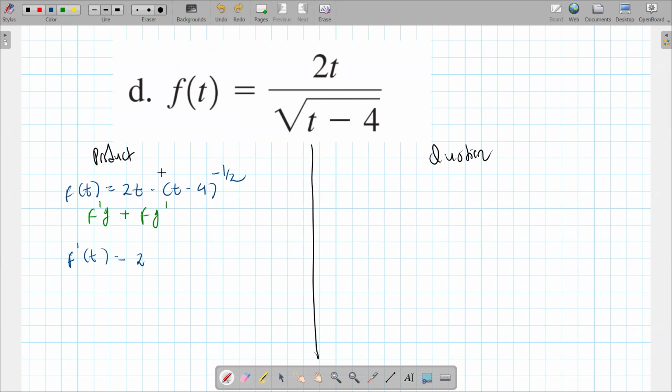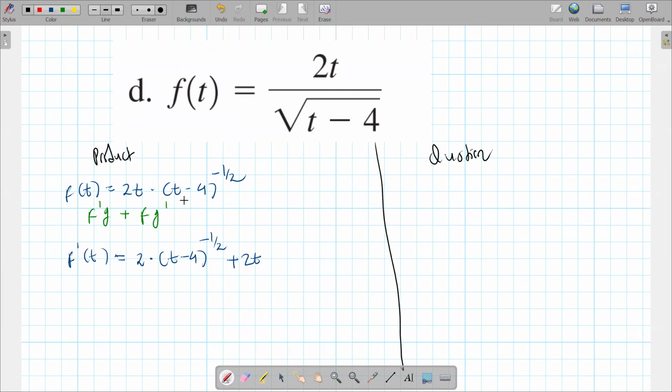So it'll be 2 times the second function as it is, plus the first function as it is. What's the derivative of this? Negative 1 over 2. Negative 3 over 2.